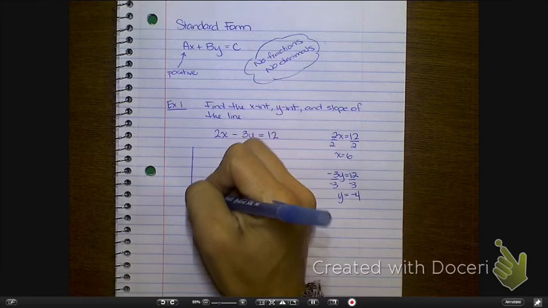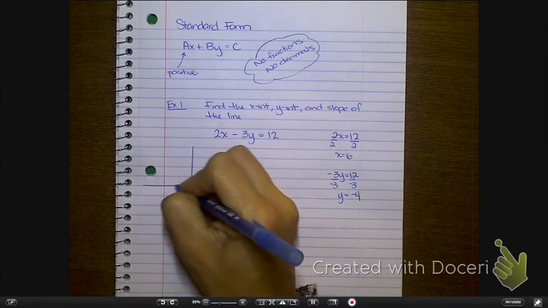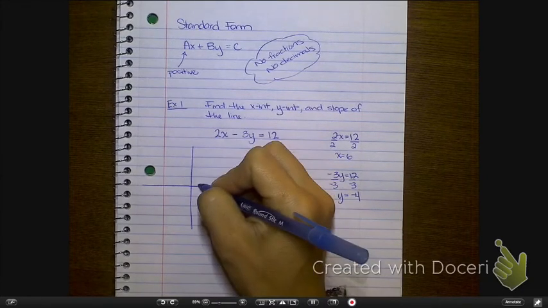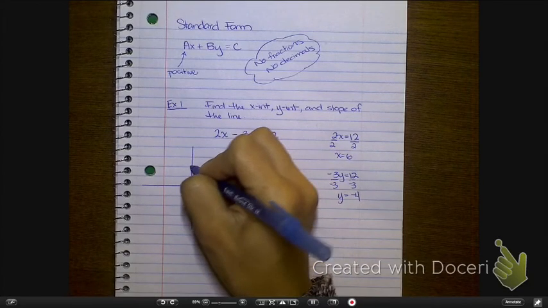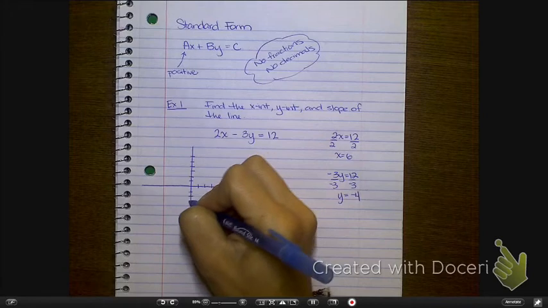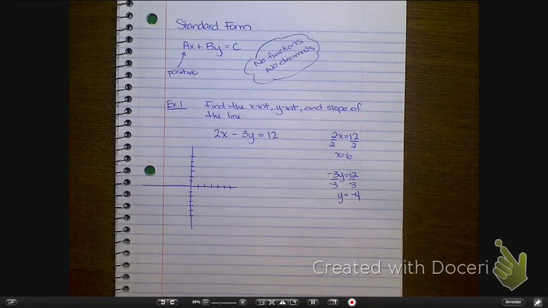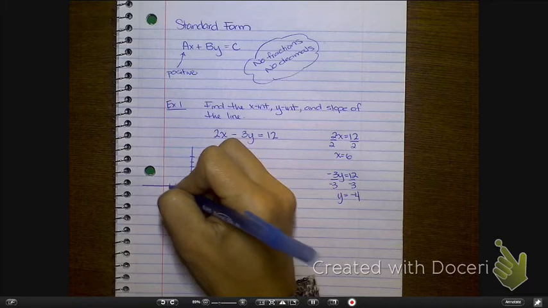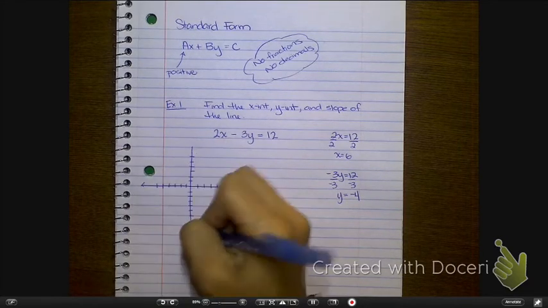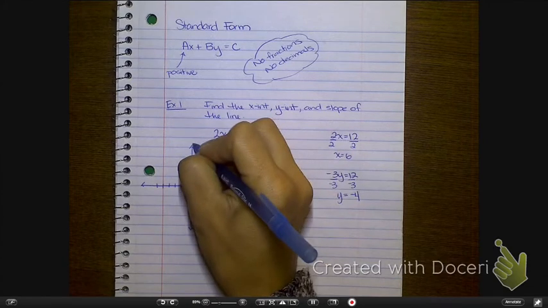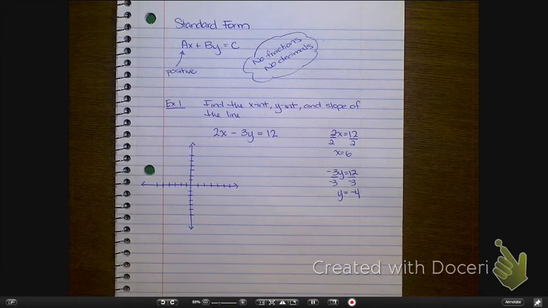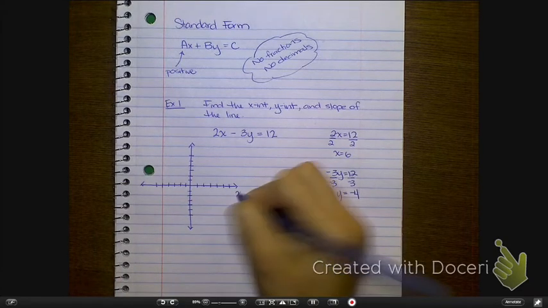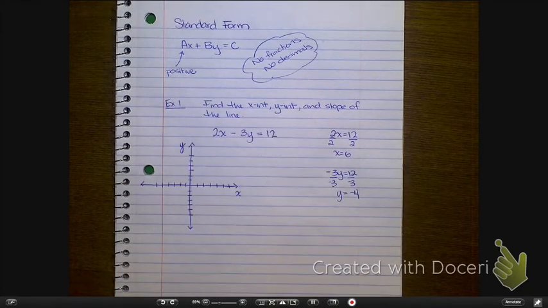So everyone go ahead and draw a graph. Do a good job, make your spaces even. Okay, so here's your x-axis and here's your y-axis, right?